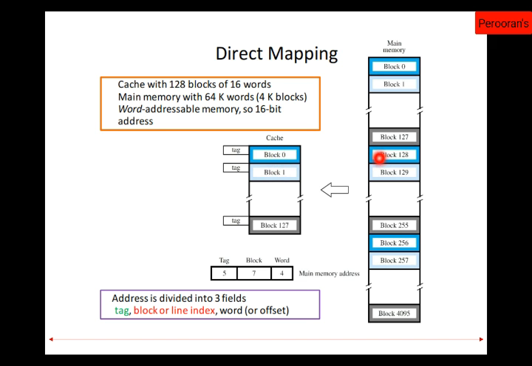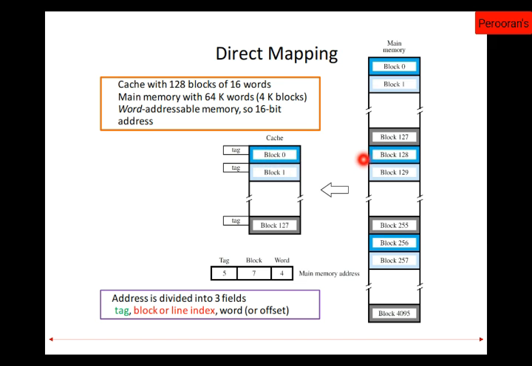We cannot bring block 128 into another cache block. Why? Because block 0, block 128 and block 256 must all come here. You can map all these blocks to only one cache memory block. Consider we are executing a loop or a function call which keeps alternating between 128 and 0, 0, 128, 128, 0 like this.